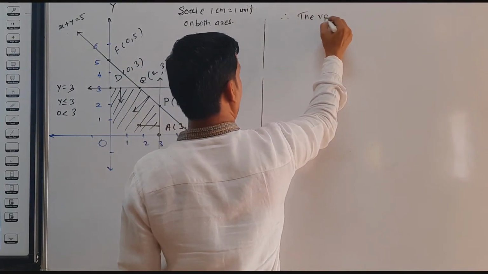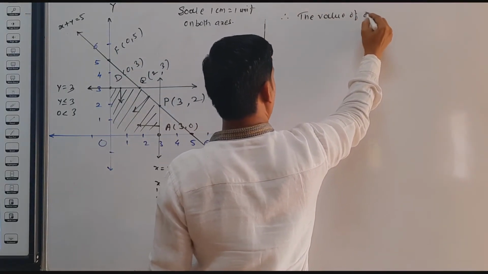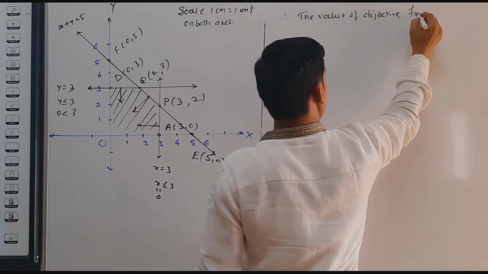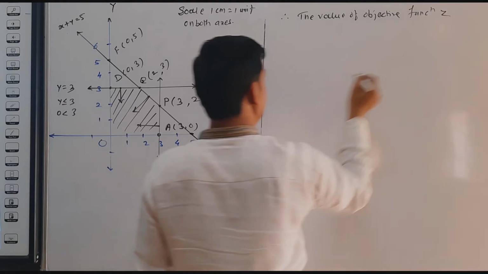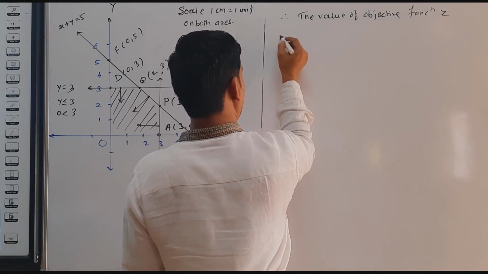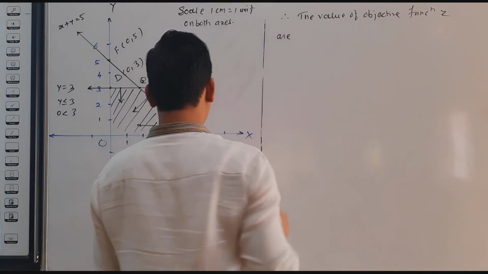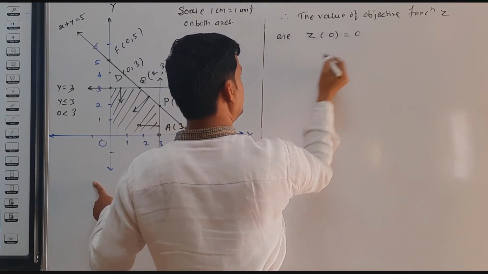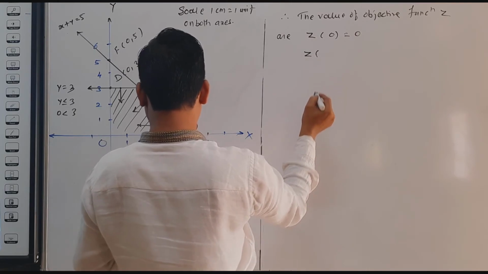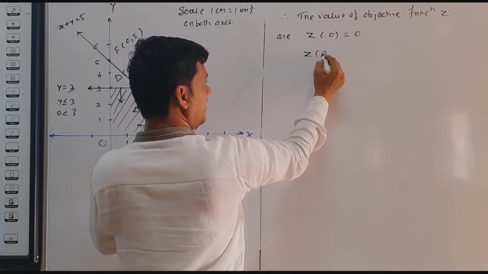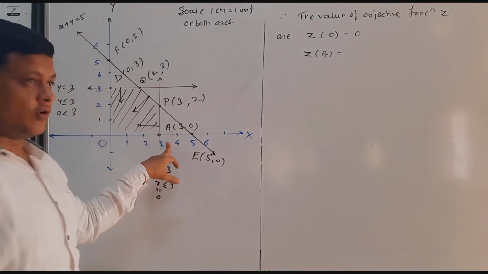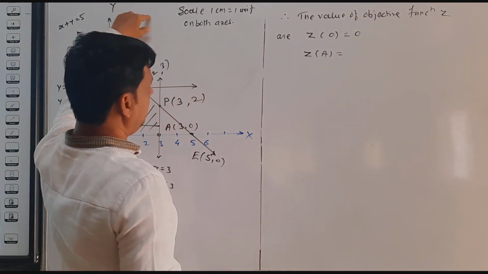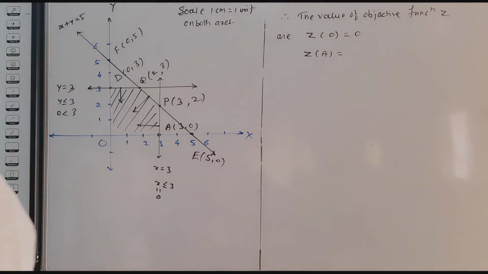Therefore, the values of the objective function Z are as follows. First we find Z of O. Z of O equals 0. Z of A, so A has coordinate (3, 0). So we write the value of Z first.